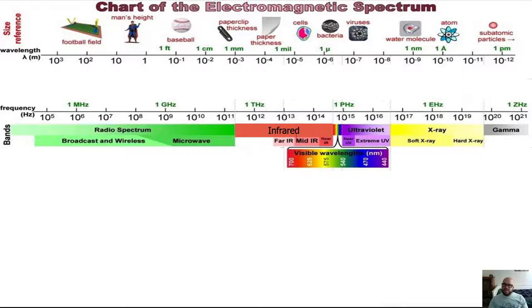Infrared, shorter than that. Visible light is in the nanometers, and they are so short that they can fit into our eyes so that we can interpret that and see things. And you have ultraviolet, which have wavelengths that are shorter than what we can see. And we have X-rays, which are even shorter, and gamma rays, which are even shorter than that.